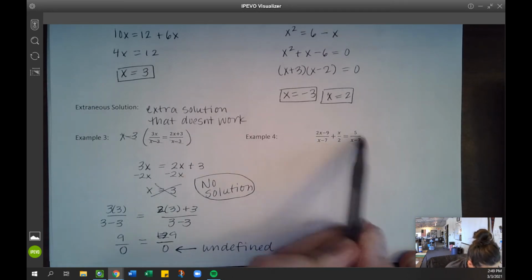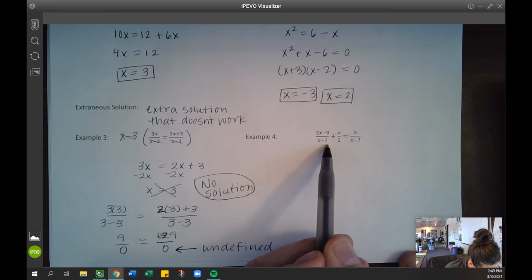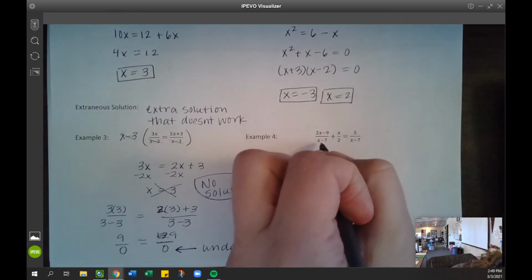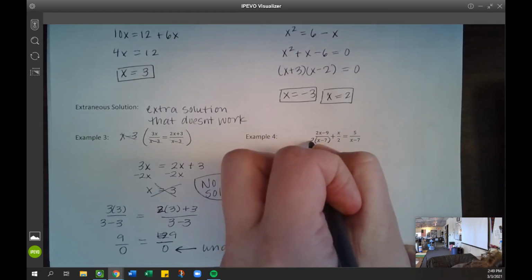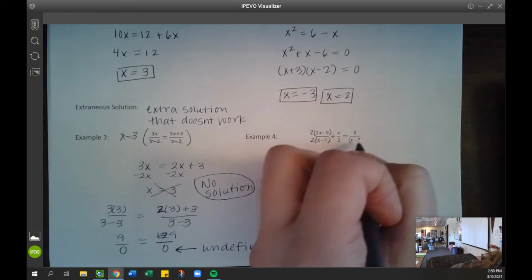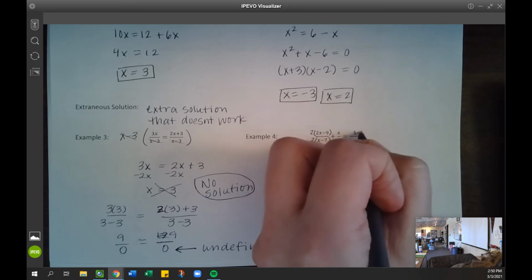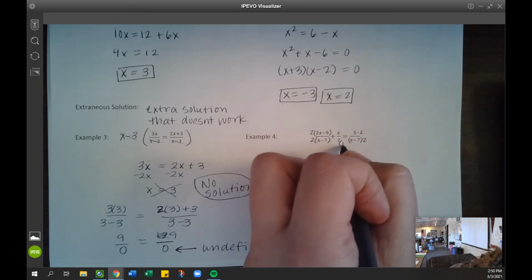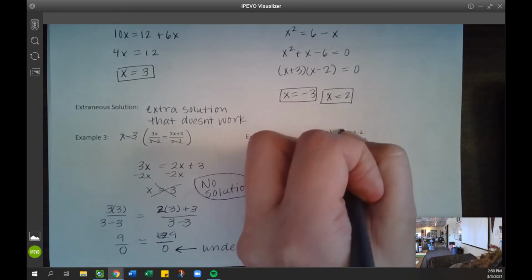Example 4, nothing to factor. However, I need to get a common denominator. So I'm going to multiply these guys by 2. And this one right here, I'm going to multiply by x minus 7.